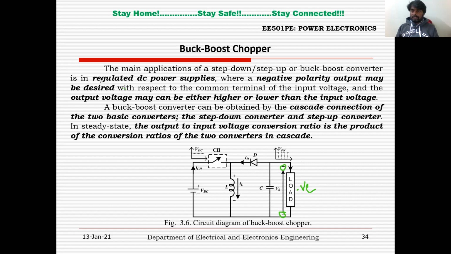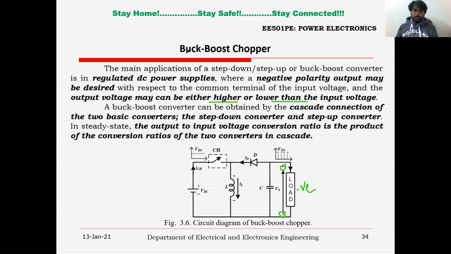There are some applications where you need regulated DC supplies, and wherever you want the negative polarity of output voltage, you may make use of this buck boost chopper. You can get an output voltage higher than the input voltage and lower than the input voltage as well.